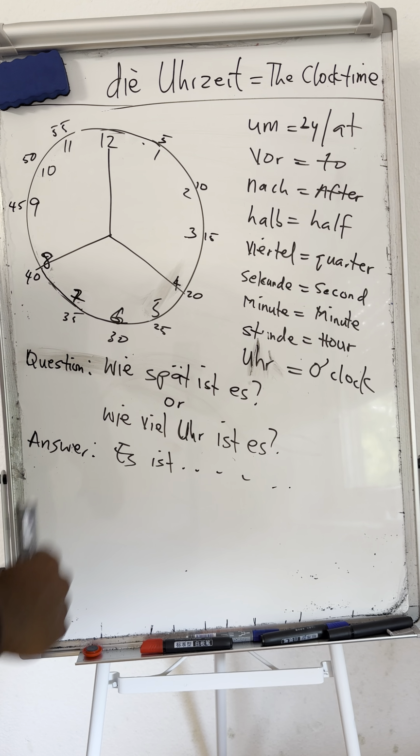Now let's go to the informal way of expressing time in German. If I ask you what is the time in informal, you say, let's say it is 10:05. In English, this means 5 minutes after 10. That is the informal way. 5 minutes after 10.